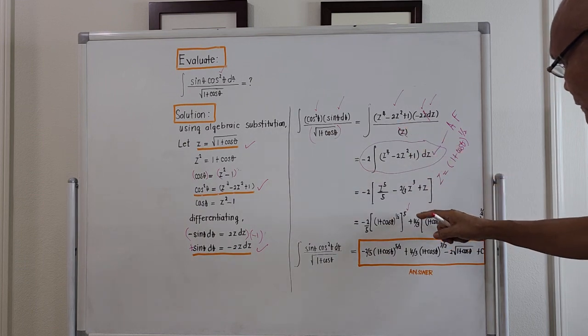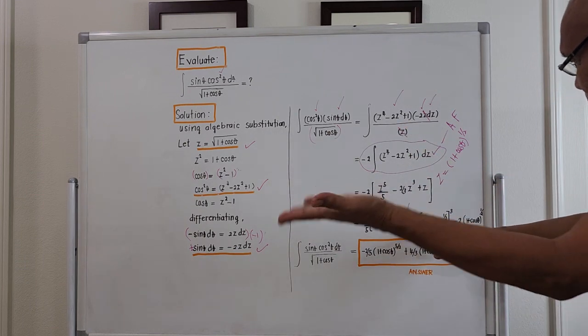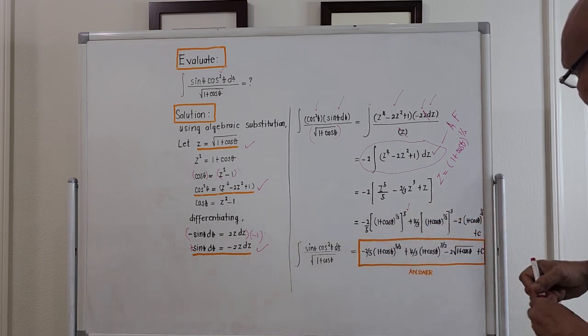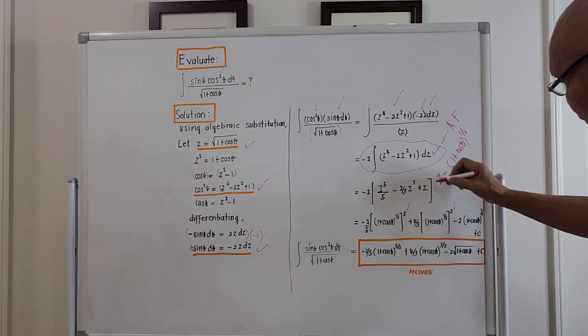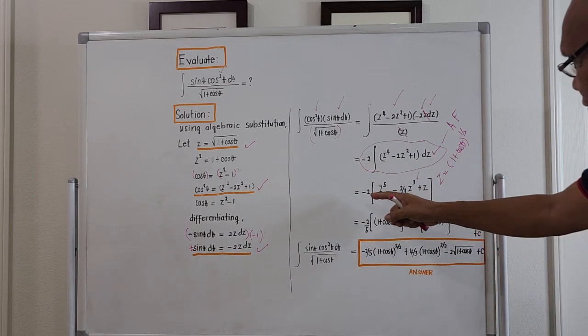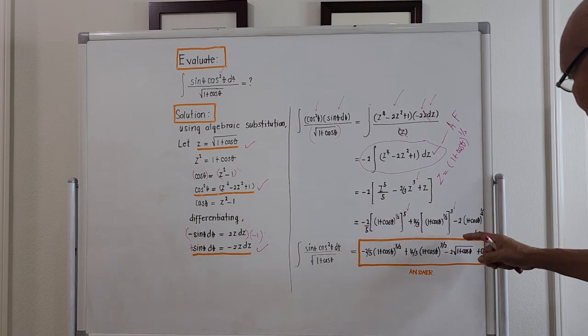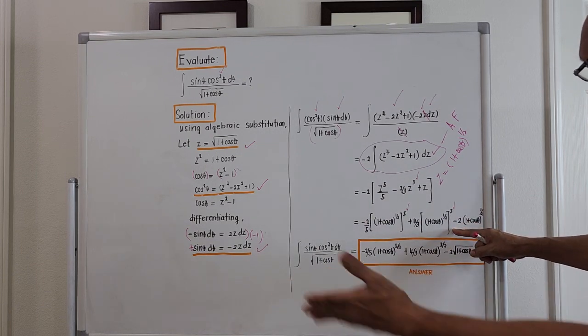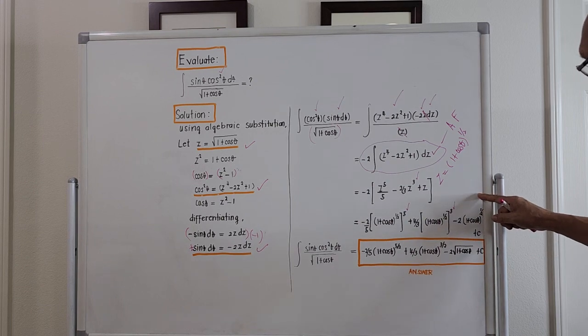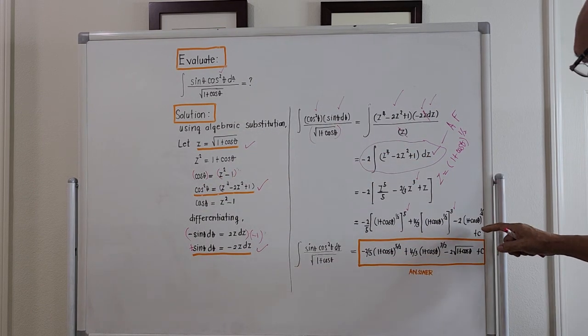So this is now 4/3 times the value z, which is 1 plus cosine of theta raised to the 1/2, raised again to the 3rd power. The last part will be minus 2 times z. So this is minus 2 times the value of z, which is 1 plus cosine of theta raised to the 1/2. Indefinite integral, this is plus c.